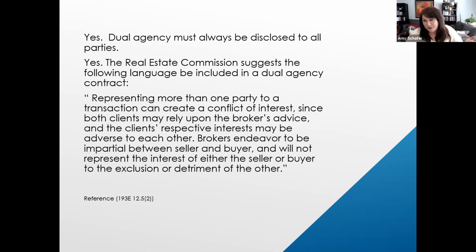Now, here's the good news for you. You do not need to handwrite this in every dual agency contract that you write. Your broker, or even if you're using Form Simplicity that's offered to us through the Iowa Association of Realtors, this language is already stock and pre-written for you, so you know you should be covered. But this is by law what we're required to have.